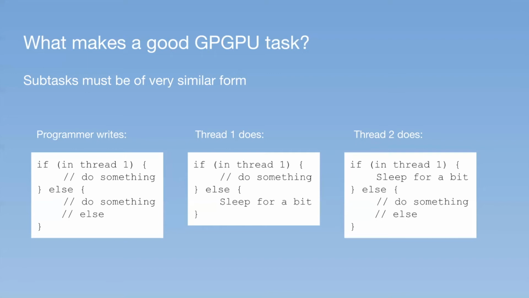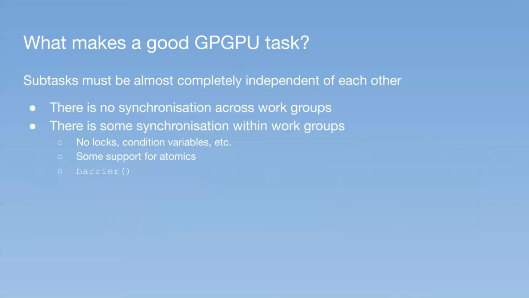Okay, and then I guess the third requirement is that these tasks need to be very independent of each other with regard to synchronization. So I mentioned these things called work groups, which are like collections of threads. Across work groups, there is no synchronization.